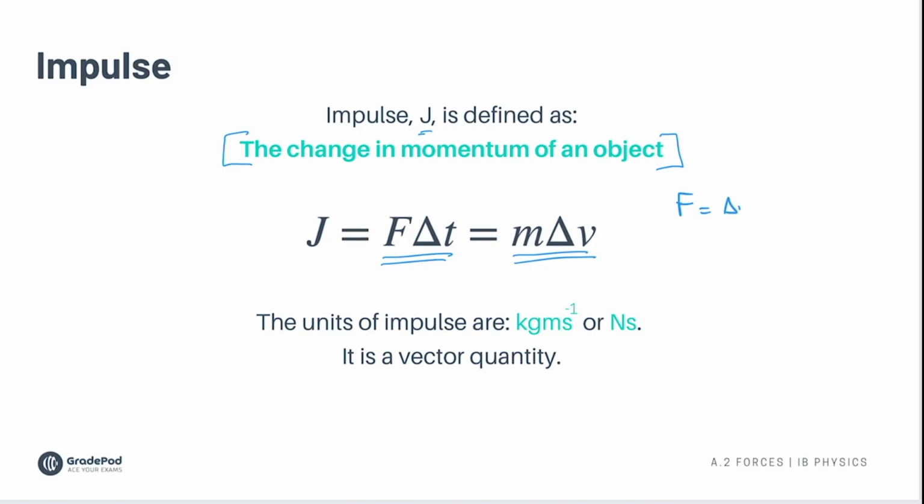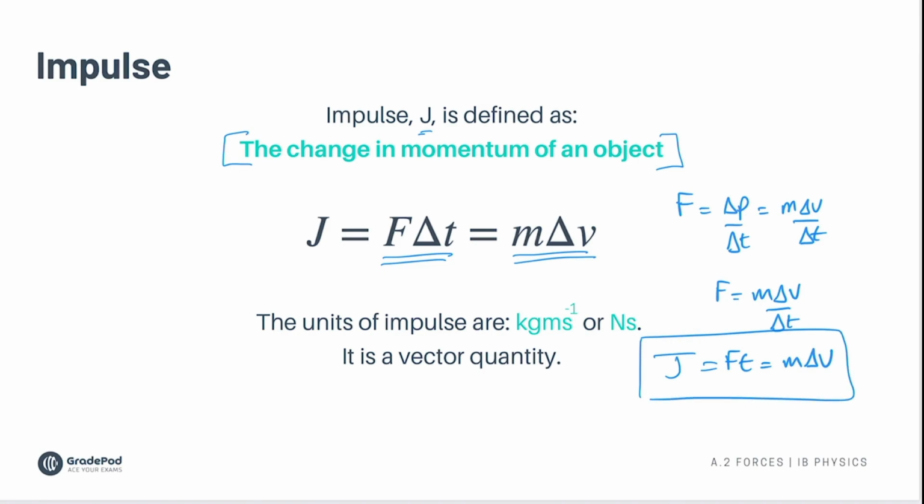We saw this, which brought us to m delta v over delta t. So we've got F equals m delta v over delta t. So F delta t equals m delta v, and both of those things are equal to J. They are both the formula for impulse.